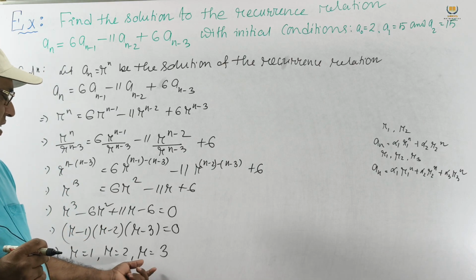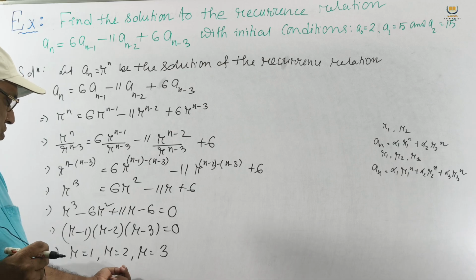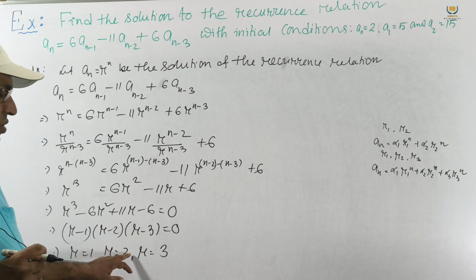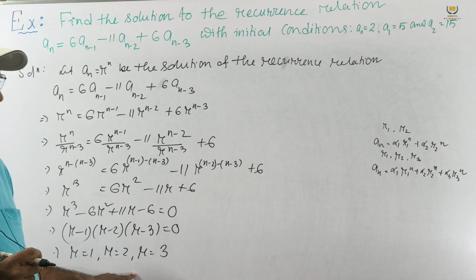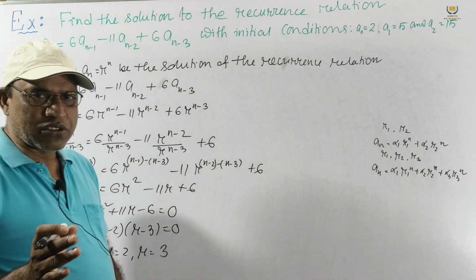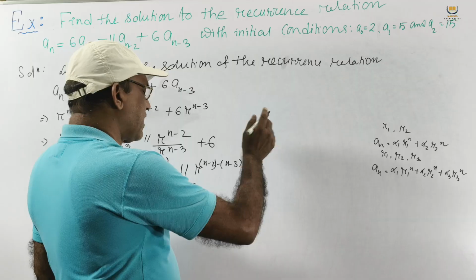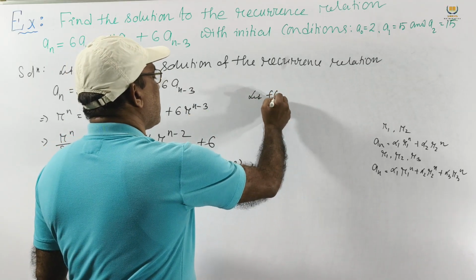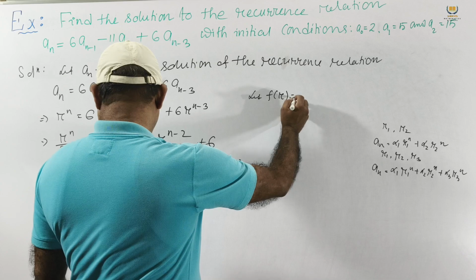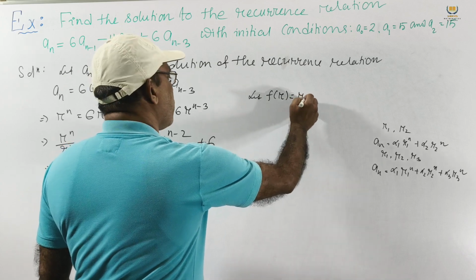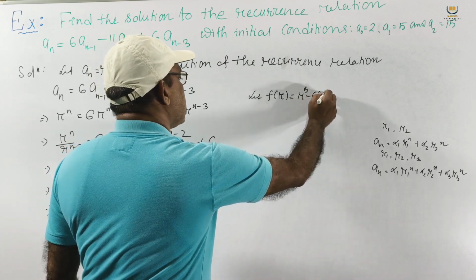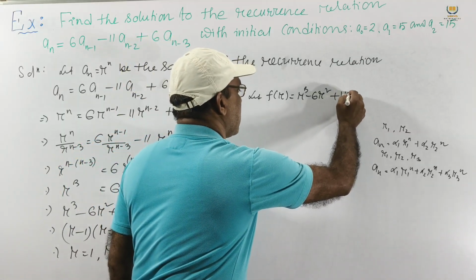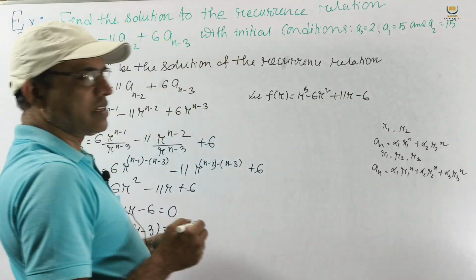And if this problem is given in your exam, how could we know the roots are 1, 2, 3? There is a technique from lower classes, the factor theorem. Let f(r) equal to r cubed minus 6r squared plus 11r minus 6.